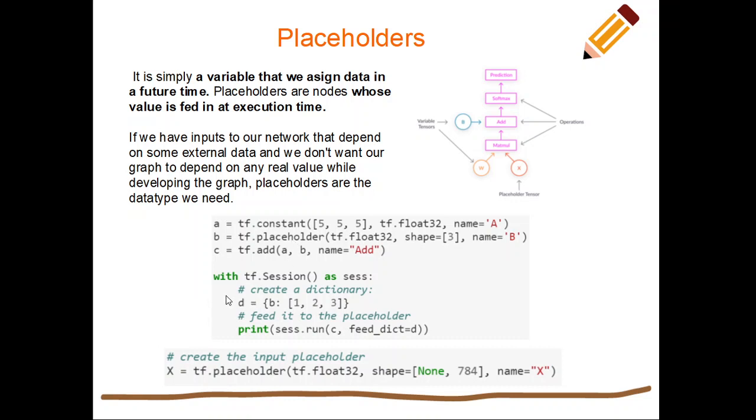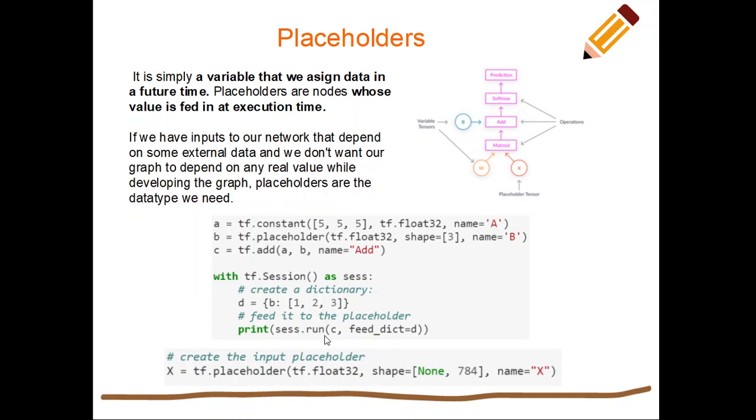Okay, so what we do here is we create a session, then we create a dictionary. Okay, and we say that this placeholder b needs to be replaced with this list 1 comma 2 comma 3. Okay, and then how do we feed it actually?